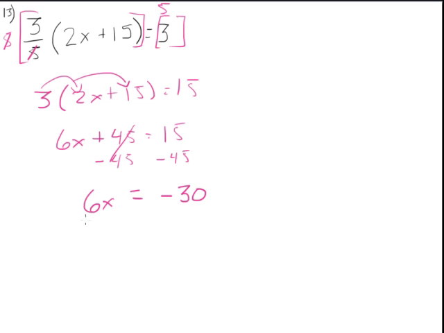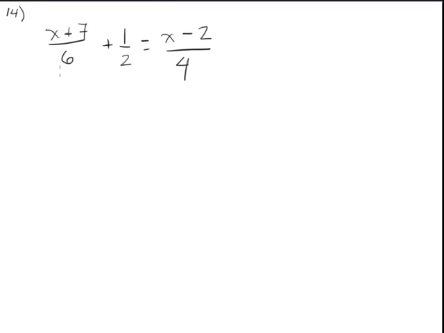Then I'm going to divide this by 6 because I want to get rid of this 6 here. And when I divide by 6, that's gone. What you do on one side, you have to do to the other side. So I'm going to divide by 6 here. And I'm going to be left with x equals 30 divided by 6, which equals negative 5. And that's my answer.